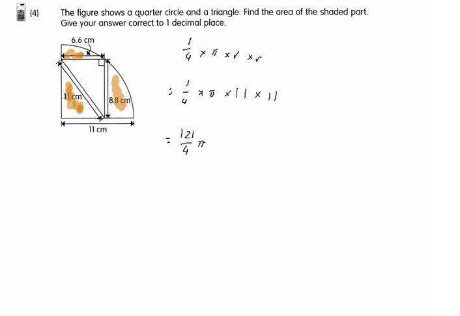Do you all agree? Because I want my answer to be as accurate as possible, I will not solve for my value of pi. So I just leave it there. 1/4 multiplied by 11 multiplied by 11, what do you get in terms of improper fraction?